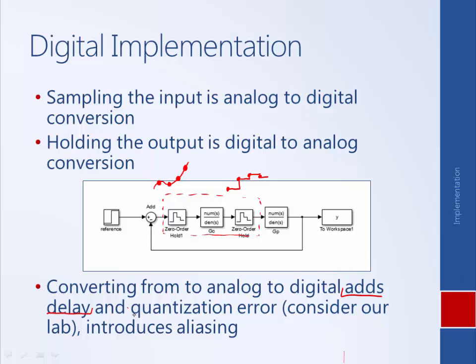Another thing is that when we do this analog to digital conversion, we add quantization. You could imagine something like the number pi. The number pi is an irrational number. To represent it exactly, you would need an infinite number of decimal places. And obviously, no digital computer could store all of those decimal places. So at some point you have to round off.